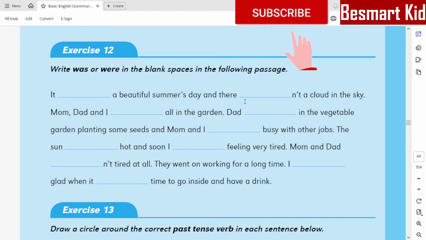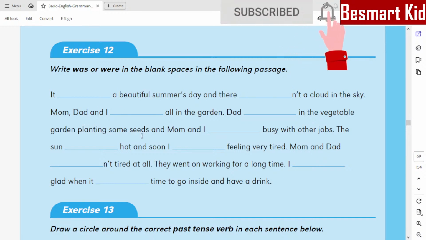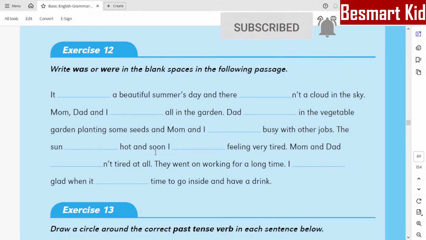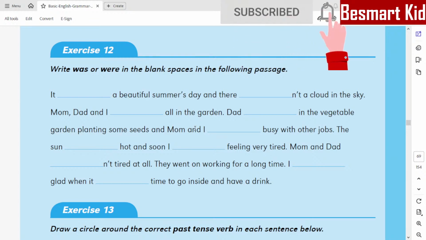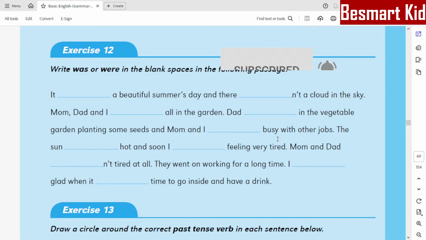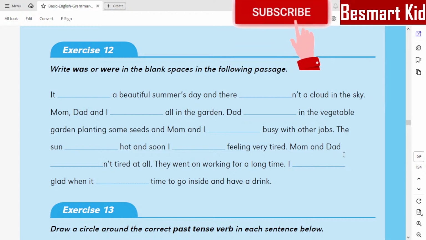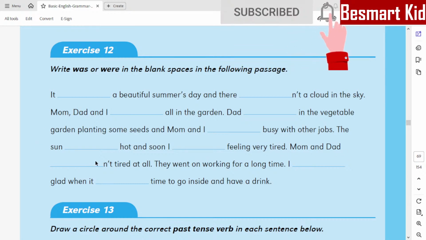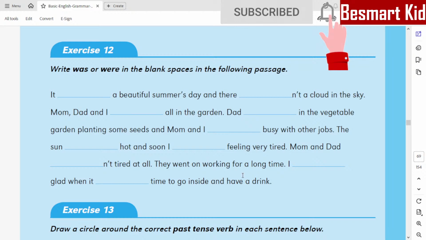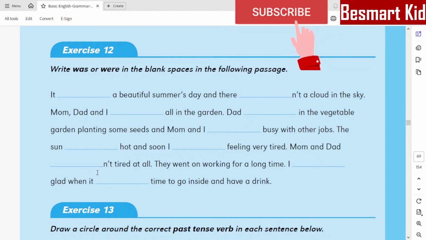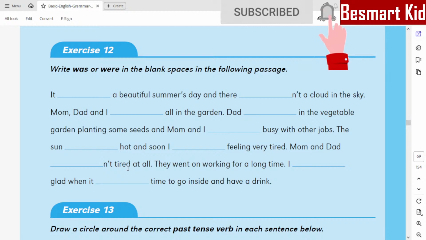Dad dash in the vegetable garden planting some seed, and Mom and I dash busy with other jobs. The sun dash hot, and soon I dash feeling very tired. Mom and Dad dash not tired at all.